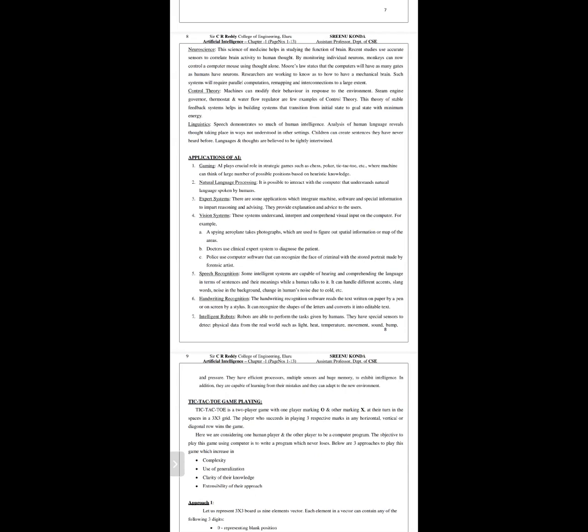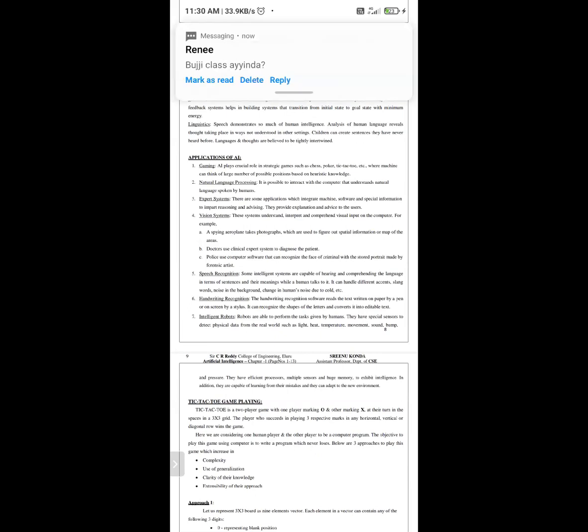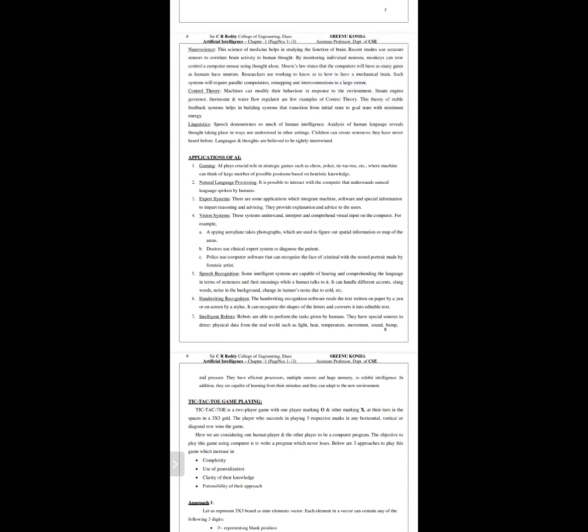Robots are able to perform the tasks given by human beings. They have special sensors to detect physical data from the real world, such as light, heat, temperature, movement, sound, bump, and pressure. These are some of the senses used by the special sensors in the robots.